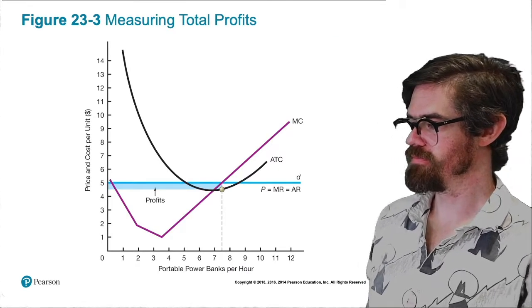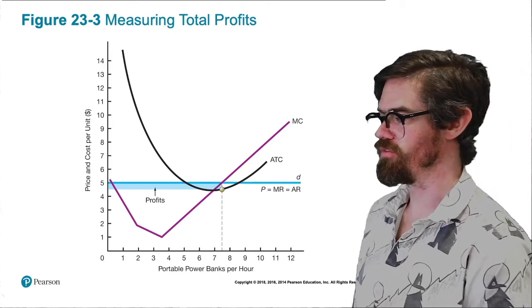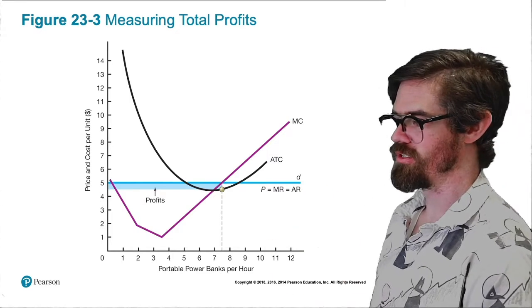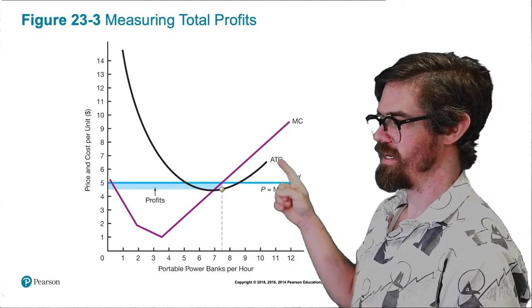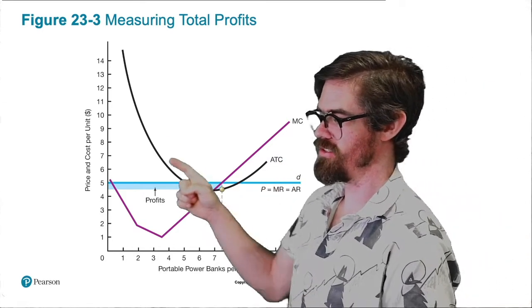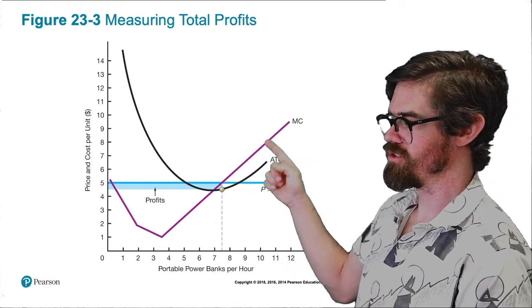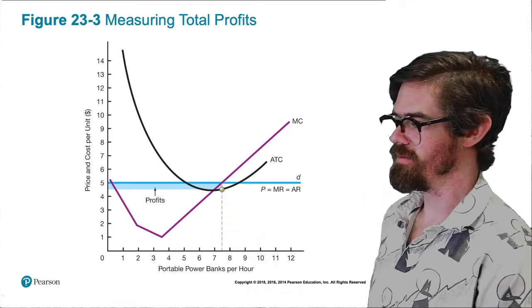All right, so this is just illustrating some of the information that we saw in that table from earlier. Of course, we have the demand curve here, which is just the price of $5. We had an average total cost that has this U shape here. And then we have our marginal cost curve here, which also kind of has a U shape.